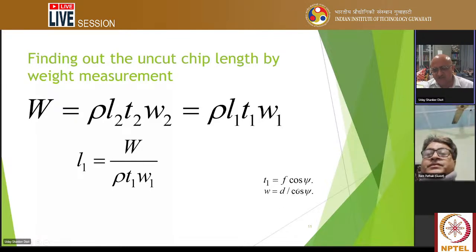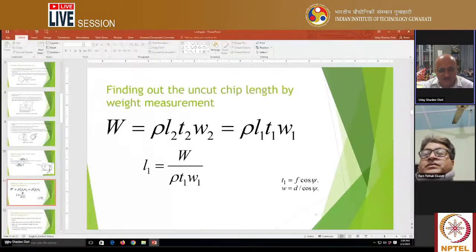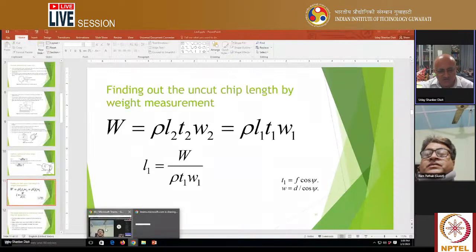Roughly, suppose your phi is equal to 0, that means the tool is very straight. So obviously your W should be equal to D, meaning whatever depth of cut you give, that much width you should be getting. That should be your uncut width. But practically, it may be only slightly different. So that way you can do that.